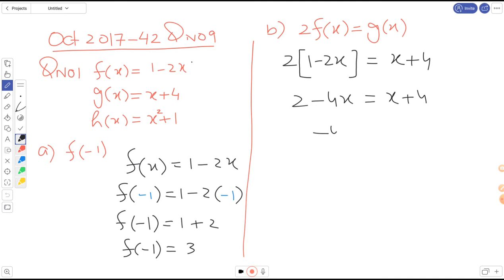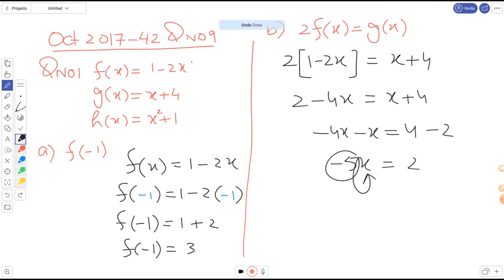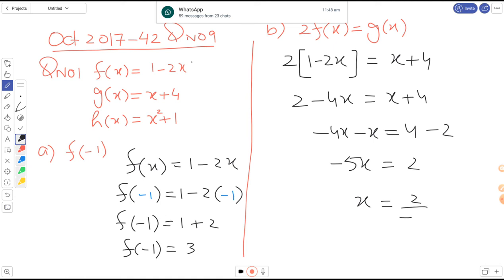I have minus 4x already here, and minus x, and this x I'm bringing here, and this 2 I'm bringing on the other end. So very clear idea. After this, we got here negative 5x, and we got here 2. And this minus 5 is multiplying with x. So you know the reverse of multiply is what? Division. So 2 over minus 5.